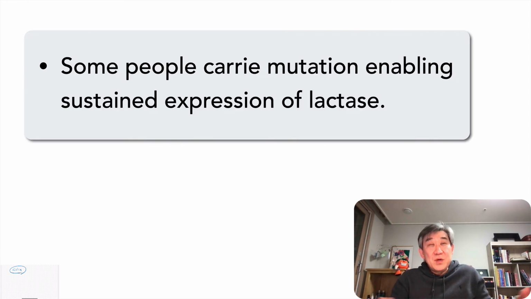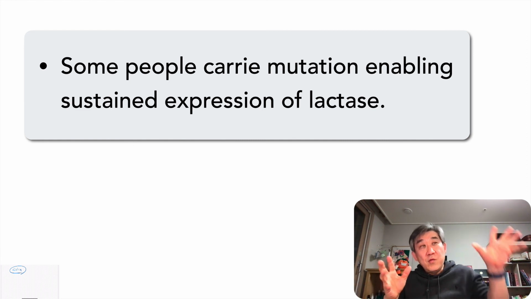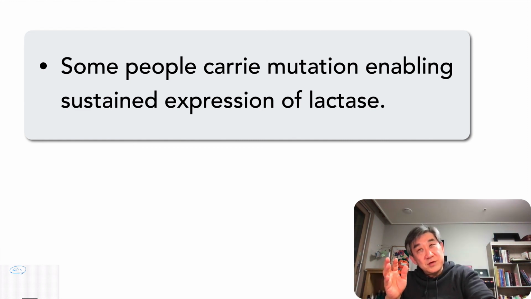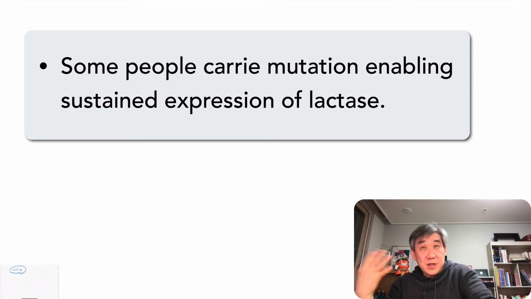Why? Because some people actually carry a mutation. Due to this mutation, you obtain the ability of sustained expression of lactase. It's just the choice between whether you have no transcription of the gene, or whether you still have lactase expression at a late developmental stage of life. Then you can have this function.